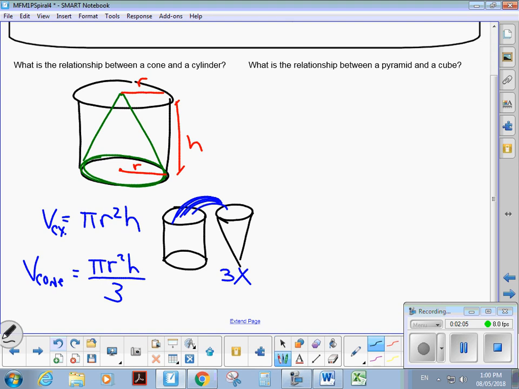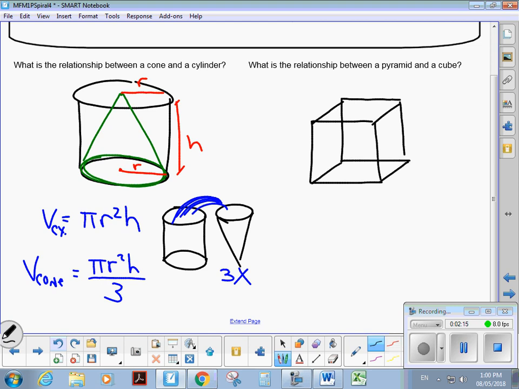if I was to draw a cube, so let's see how this goes. So I'm going to draw 2 squares that I can connect just like that. Here's my cube. If I was to draw a square-based pyramid, so it shares the same base, and we put the pyramid inside, we would find that it's the exact same relationship.